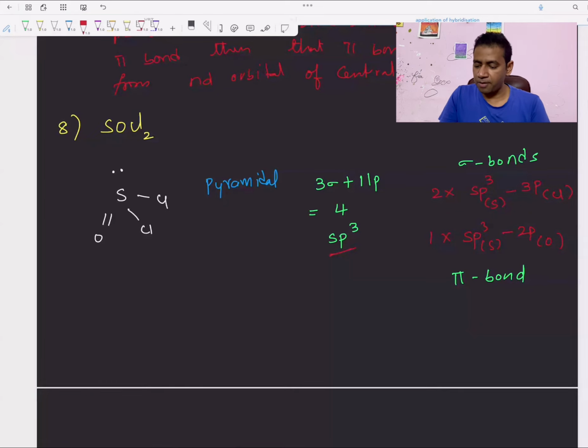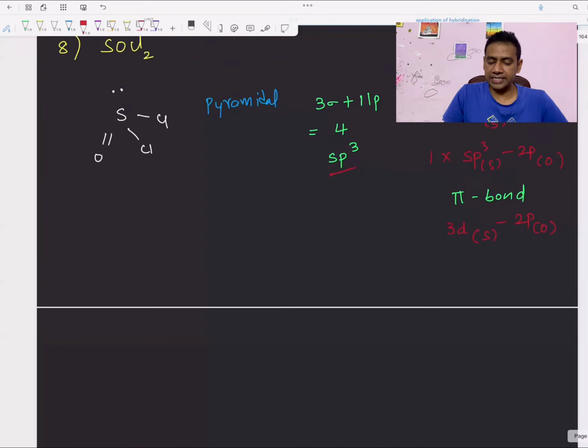Therefore, this pi bond must be from the d orbital of sulfur: the 3d orbital of sulfur forms a pi bond with the 2p orbital of the oxygen atom. Please note that the oxygen atom has two half-filled p orbitals. One p orbital is used to form a sigma bond and the other p orbital is used to form the pi bond.